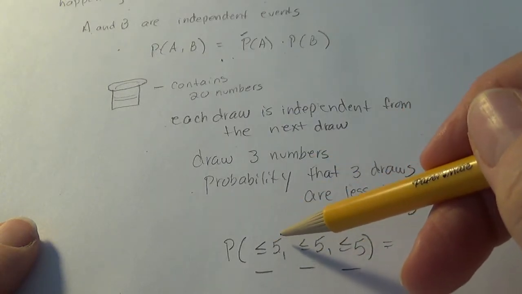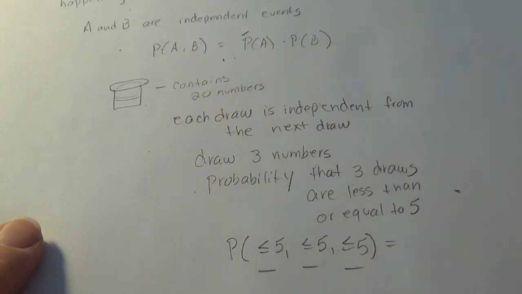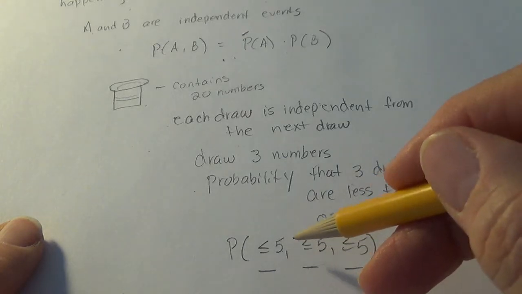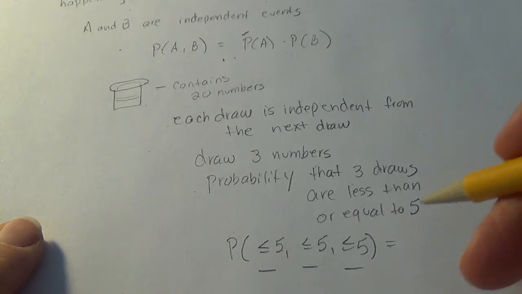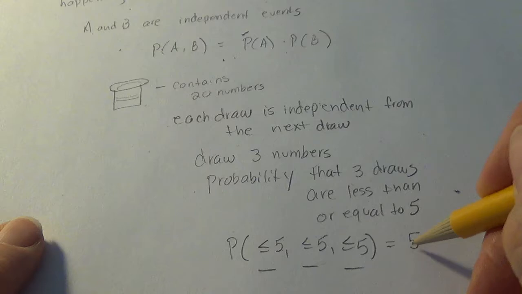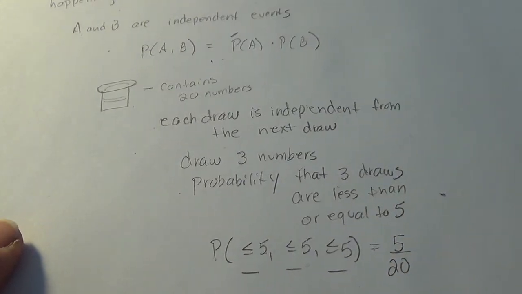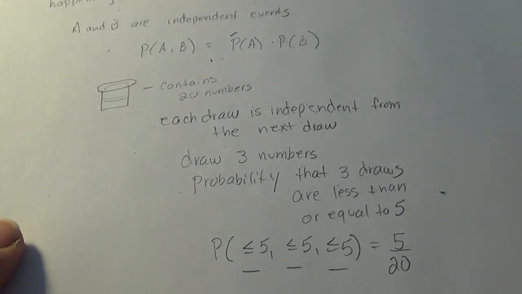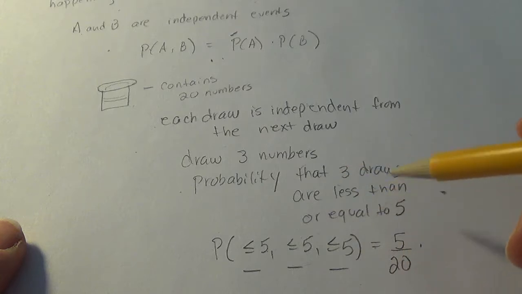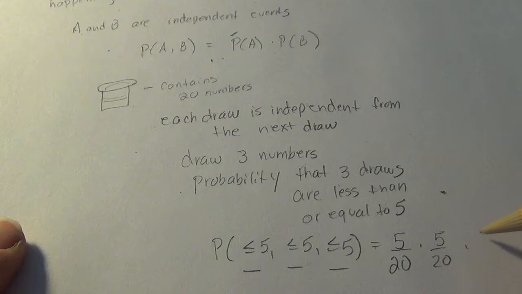What's the probability of drawing a number less than or equal to 5 on the first draw? How many ways can that happen? 1 through 5. And how many possibilities are there? 20. So 5 out of 20 is the probability of meeting this condition on the first draw. On the second draw, it's no different, and on the third draw.